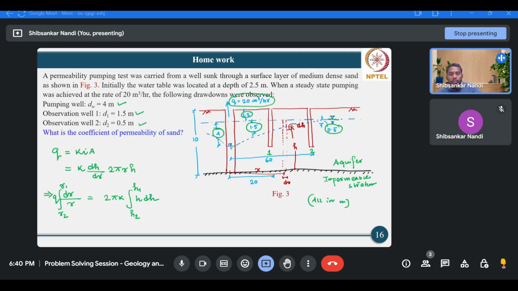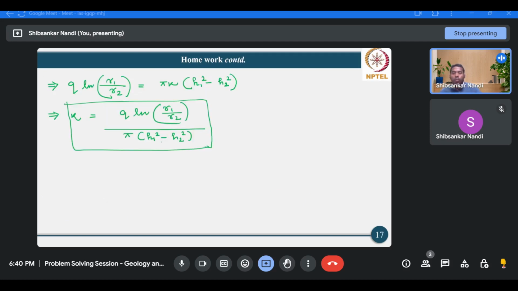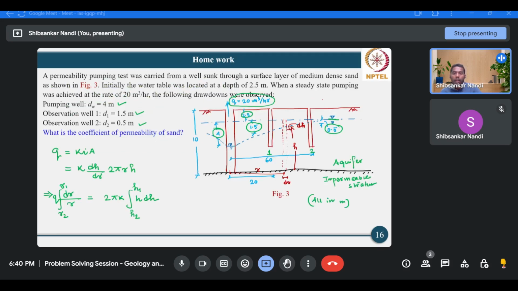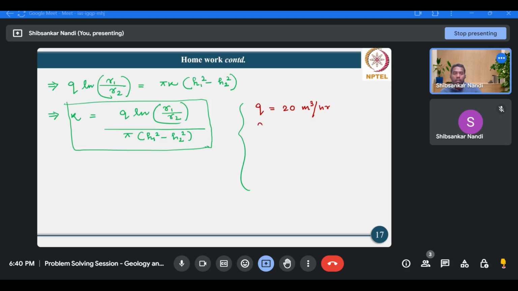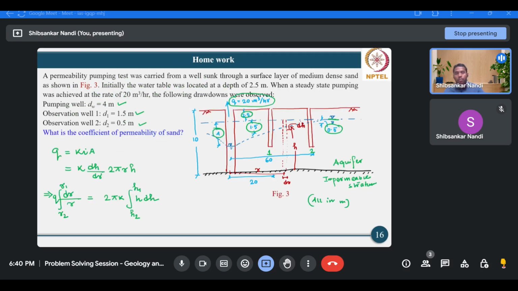Now, what are these values? This R1, R2, H1, H2, Q. Q, obviously, is the steady rate of pumping, that means 20 meter cube per hour, and this R1 and R2 are the radial distances of the observation wells from the test well.